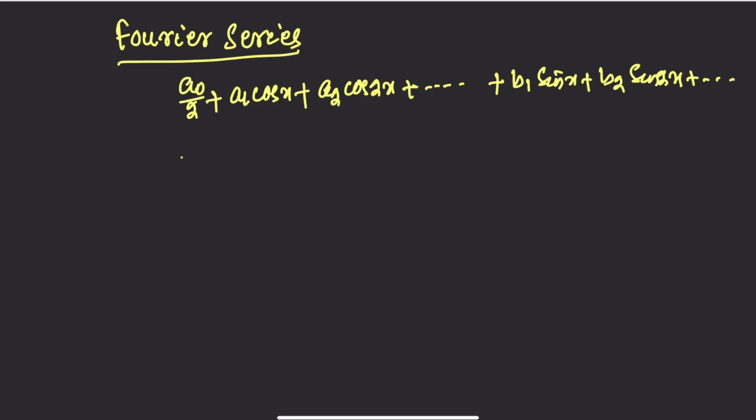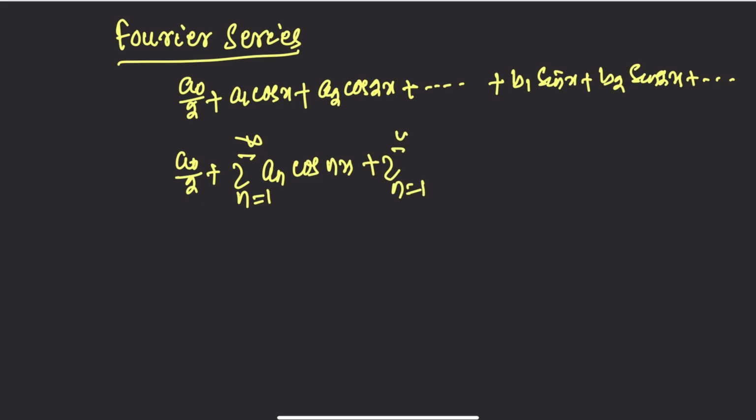We can write a0 by 2 plus summation from n equals 1 to infinity an cos nx plus summation from n equals 1 to infinity bn sin nx. Here you can see each term has the period of 2 pi.